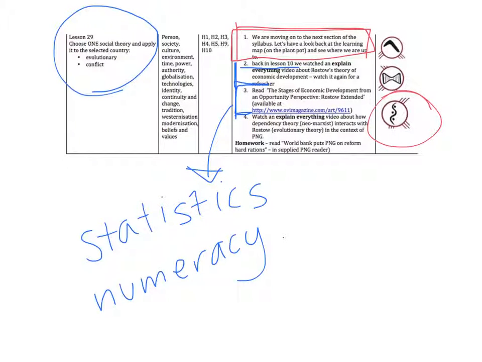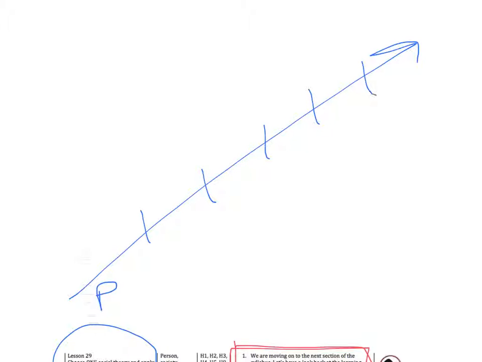So we've already had a video that explained how dependency theory interacts with Rostow in the context of Papua New Guinea, but we can run through that again briefly if we need to. What you had was Rostow's economic theory running like this, from primitive society through all the stages of development to the high mass consumption, and that was Rostow.